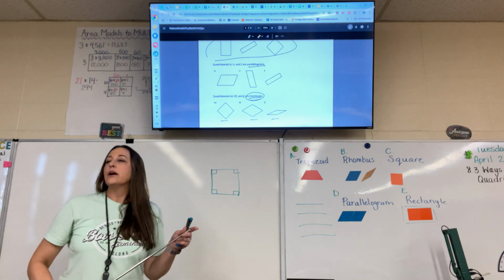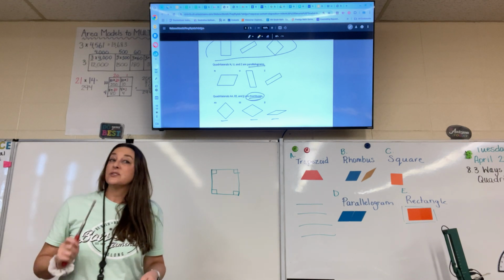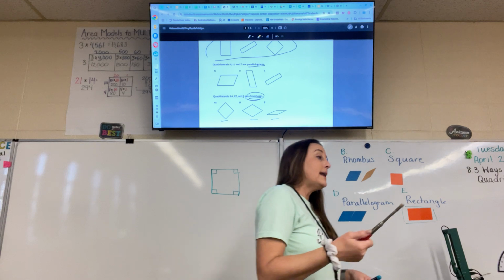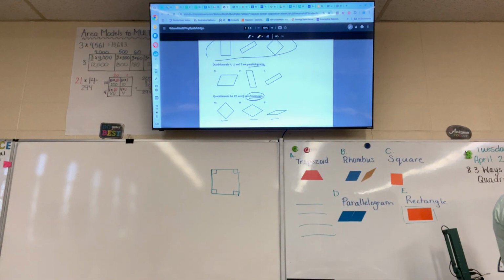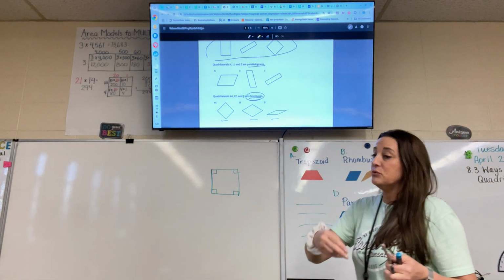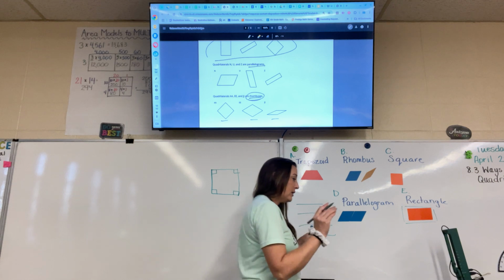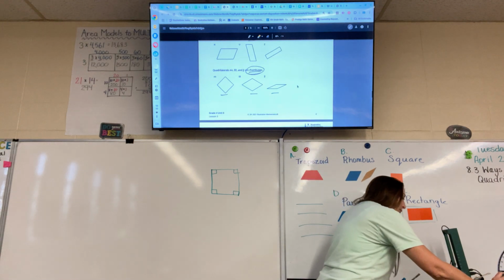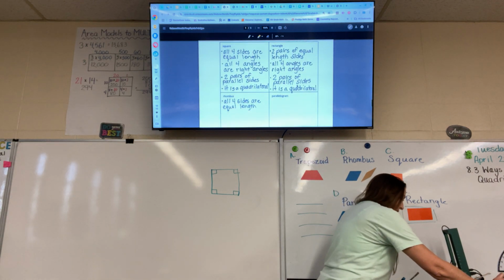Right? So we're not going to make a comment on the angles because with a rhombus, you could have 4 right angles or you could have 2 acute and 2 obtuse. So we're not going to make a requirement for the angles.